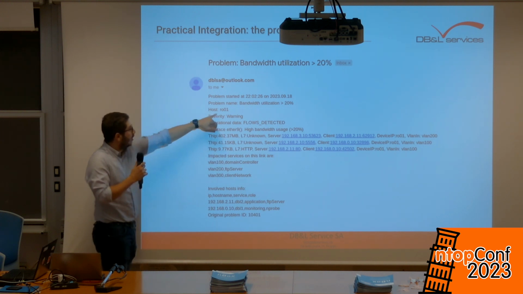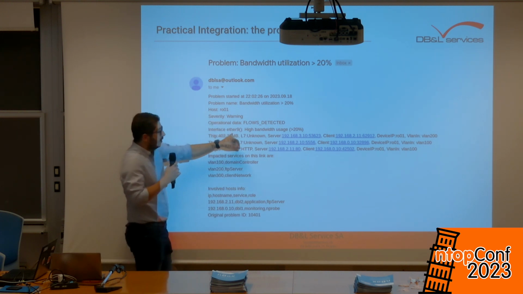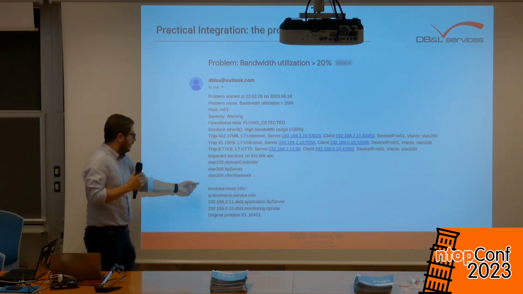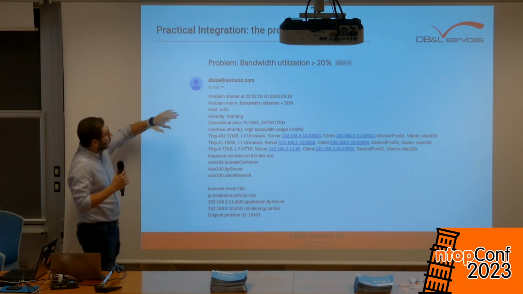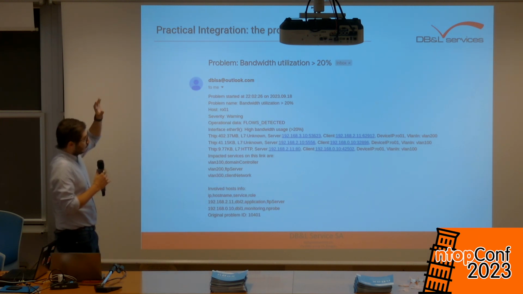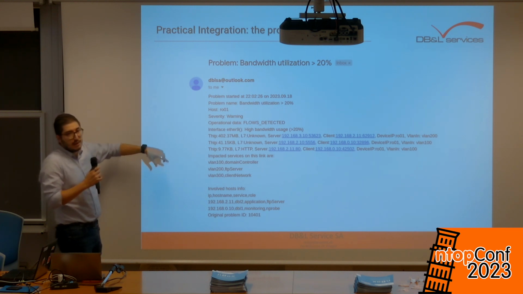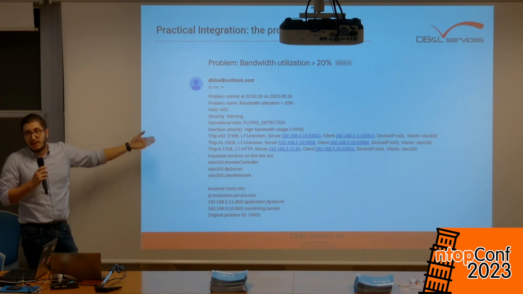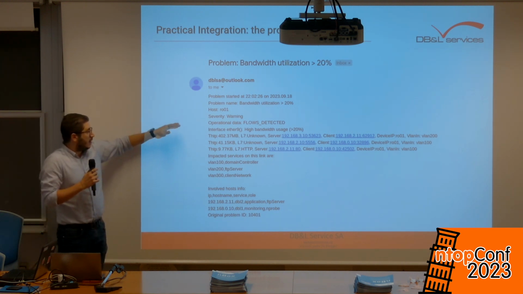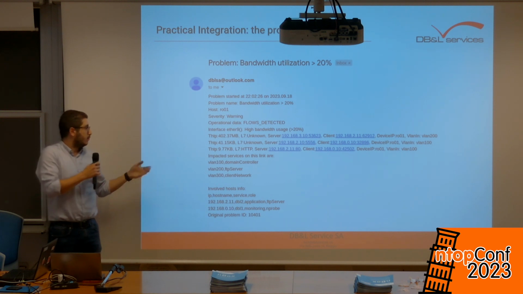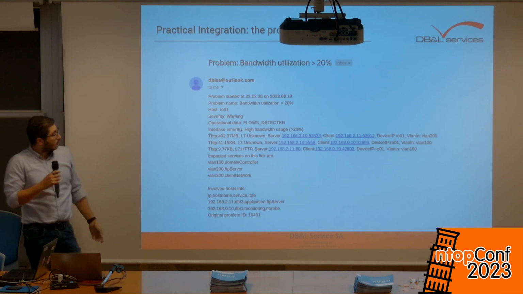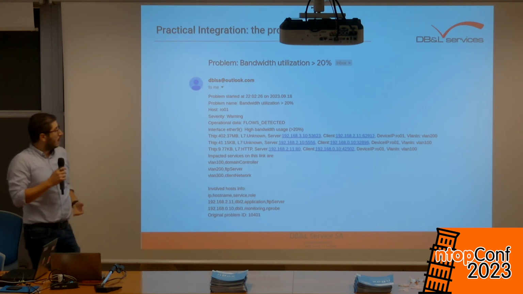Host name router 01, interface Ethernet 09, which flows were detected, impacted services, involved hosts. So in just one email, in a timely manner, you have all this information that for a network engineer or for a NOC agent is already very, very useful and important, because you don't have to waste time searching for this information and jumping between different tools. You have everything here.